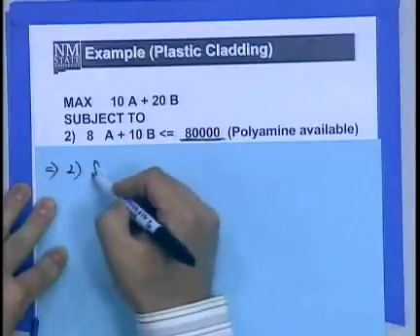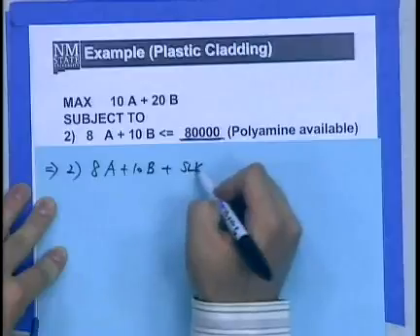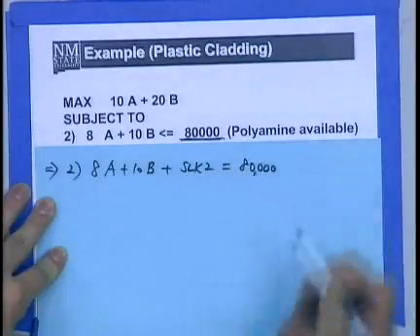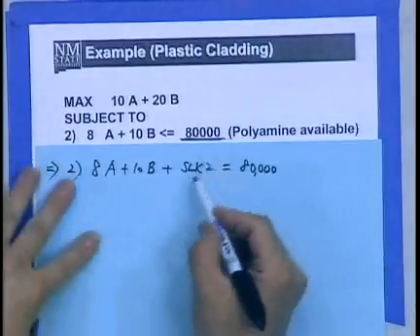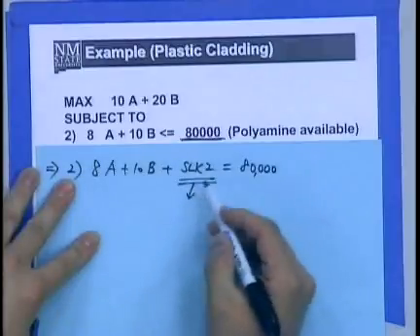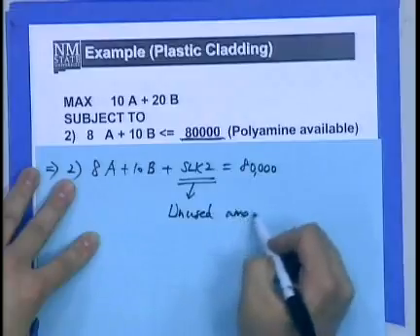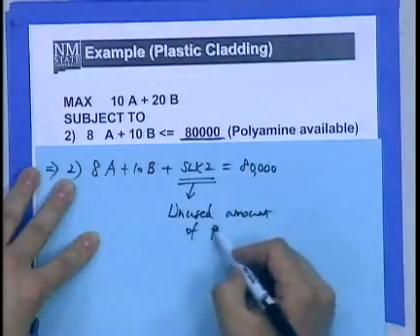If we introduce slack variable for this constraint, then we may obtain equality constraint like this, right? And slack 2 is the unused amount of polyamine, right?